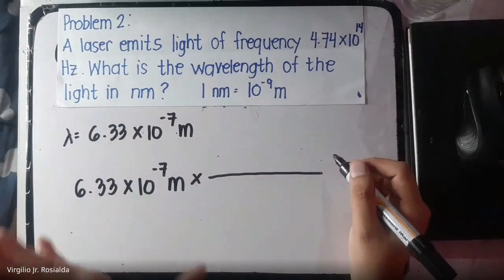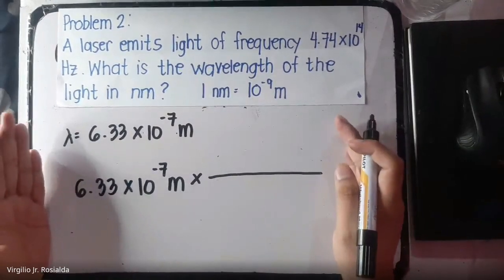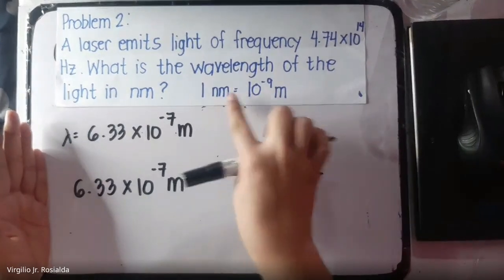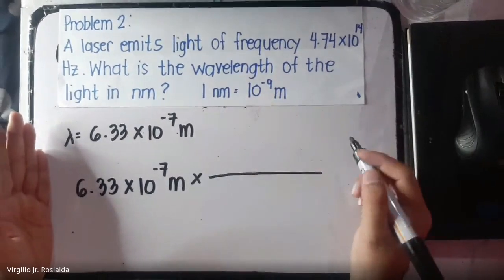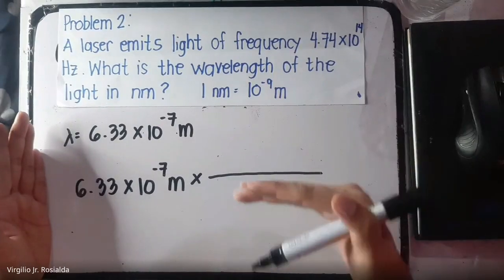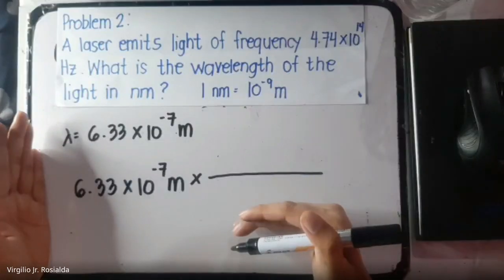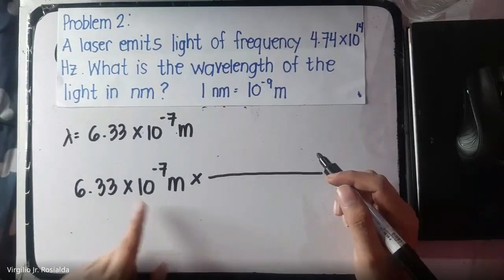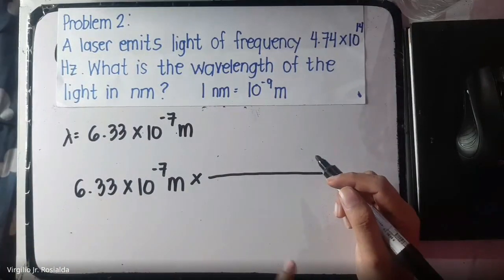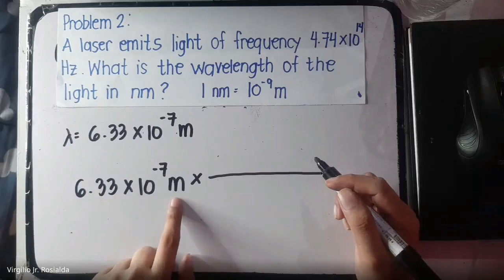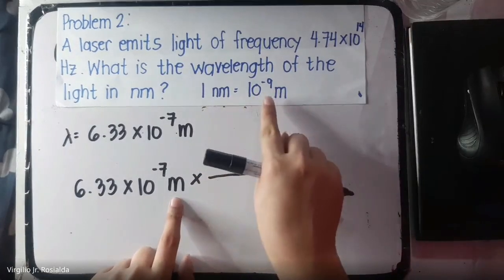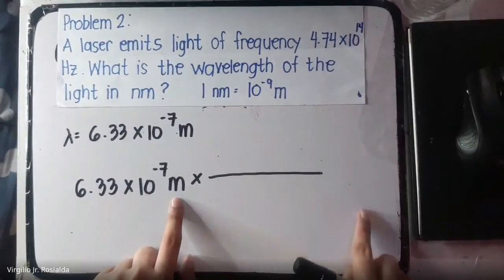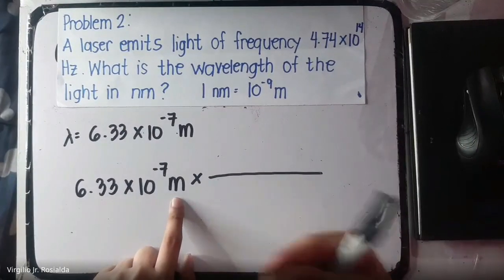So in this particular conversion, using dimensional analysis, always remember, sa dalawang value ng conversion factor natin, the one that should be placed under the line should be the same unit with your given, or with the one that you're going to convert. So dito, ang unit natin is meter. So technically, sa dalawa, ito yung kukunin natin and we're going to place it here under the line. Okay, ganun lang tayo mag-convert.